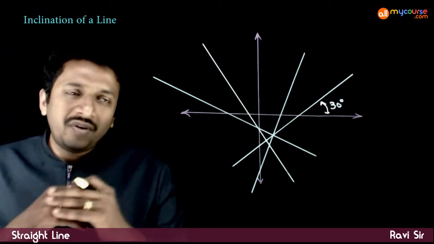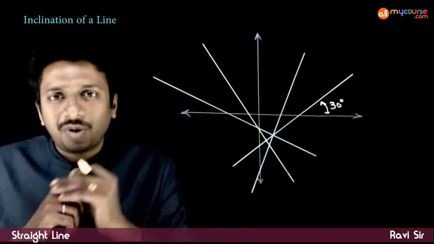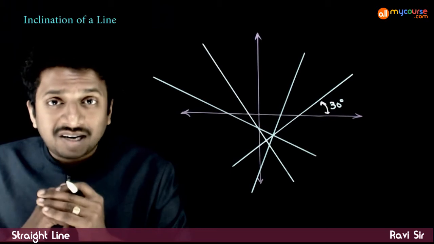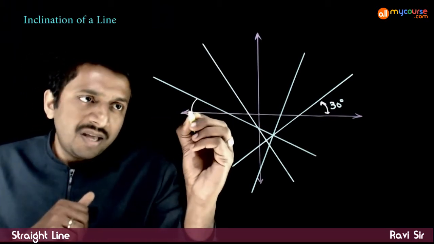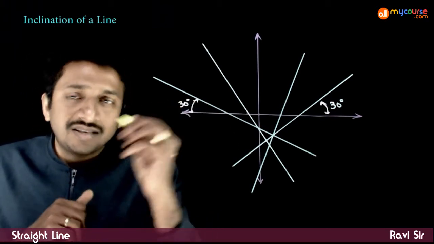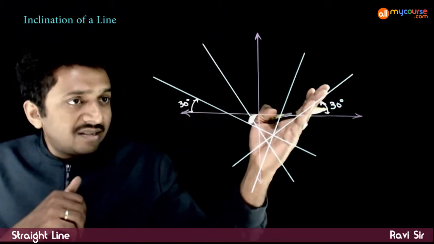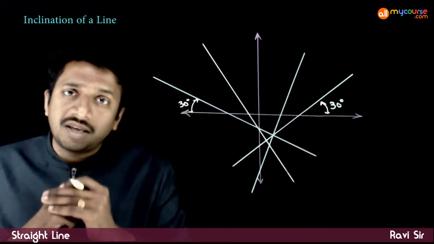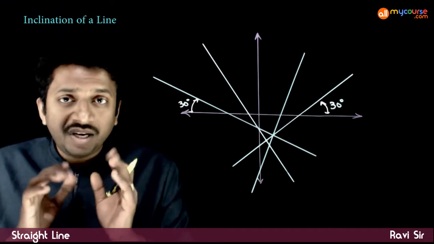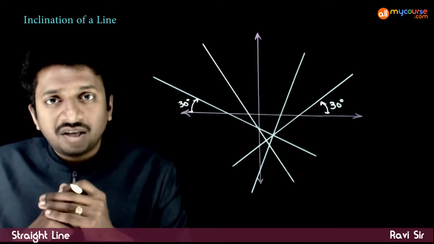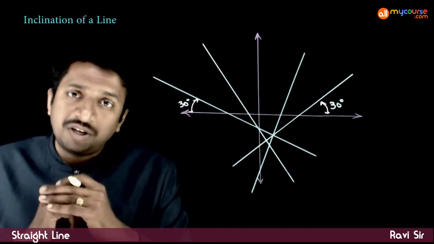Now most of you will understand that this is the line that I'm talking about, but some of you might understand, okay, this line is also making an angle of 30 degrees with x-axis. So am I talking about this line or this line? So we need a standard convention. So which angle am I measuring?